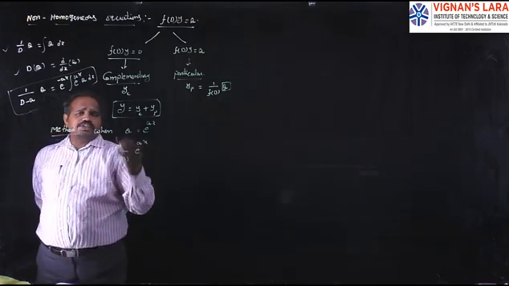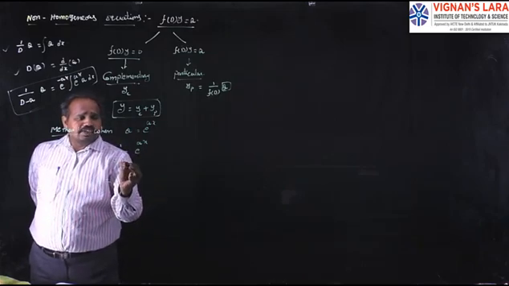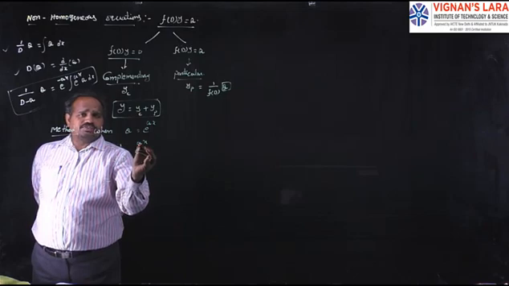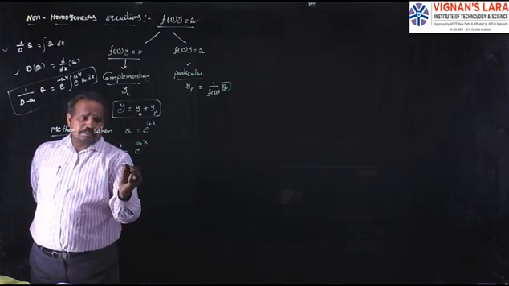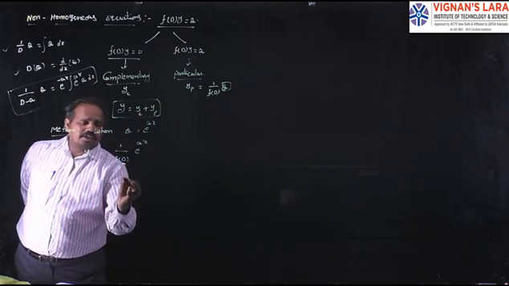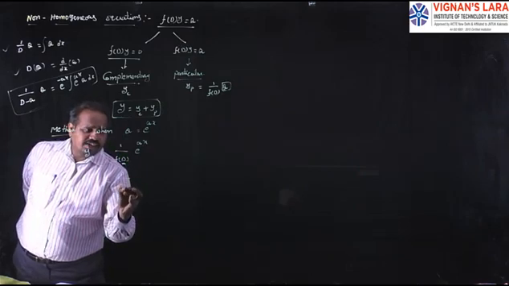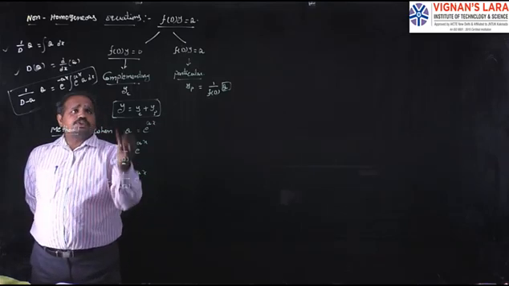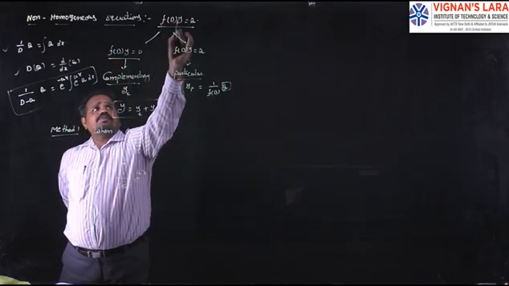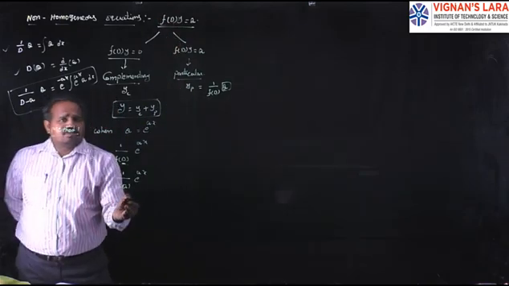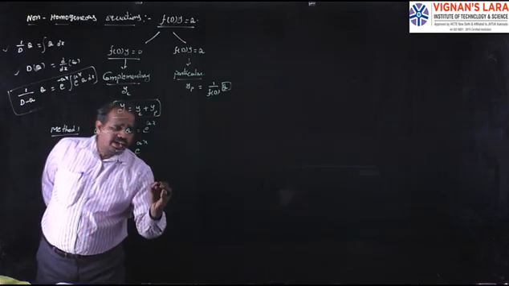In this form, it is very easy. Simply replace D with the coefficient of x. What is the coefficient of x? a. So simply replace D with a throughout the polynomial. Then I will get f of a into e power ax. f of D is the coefficient of y in operator form. So 1 by f of a into e power ax.